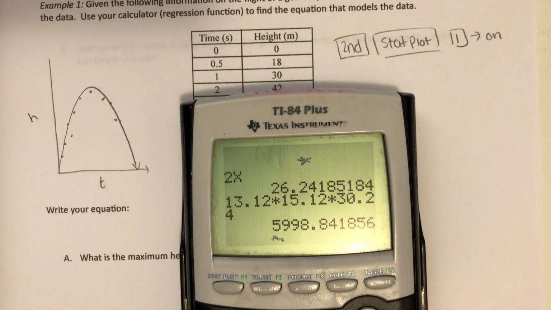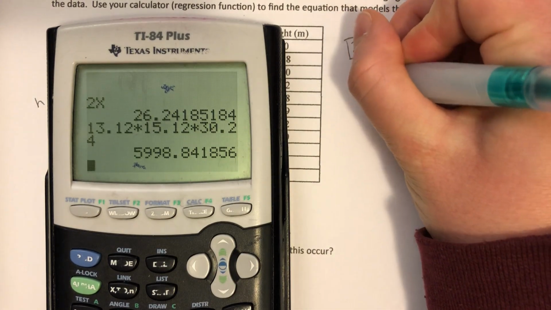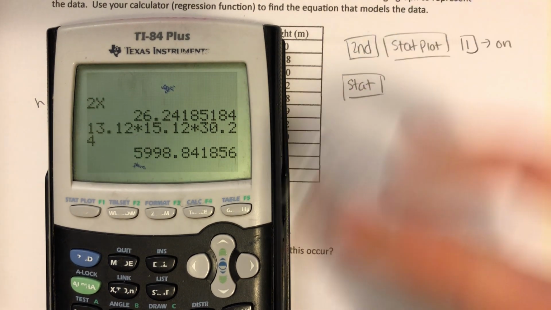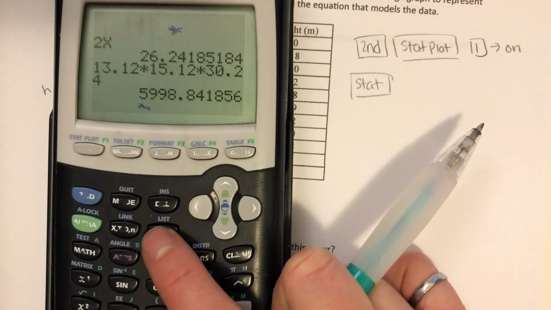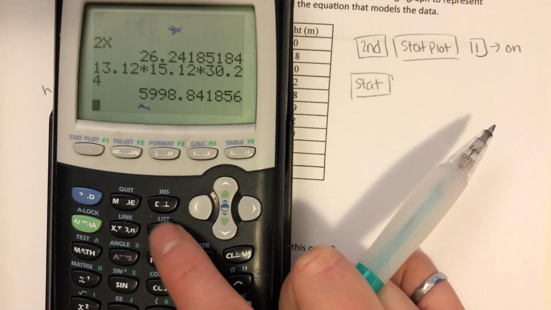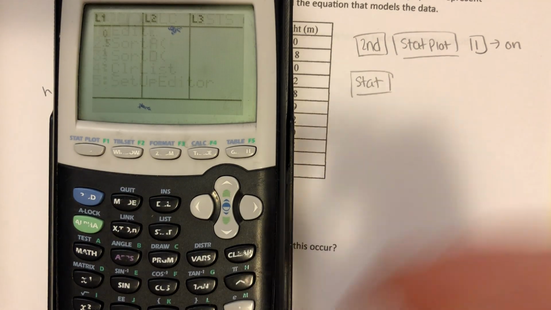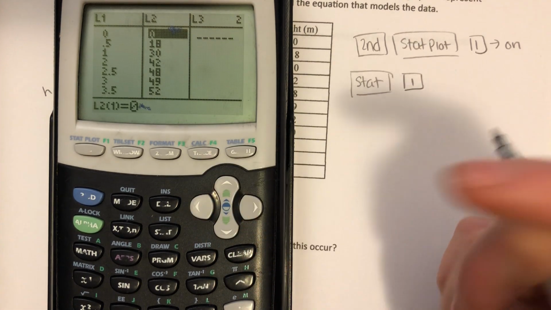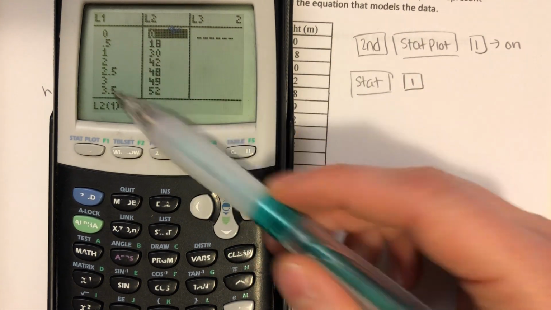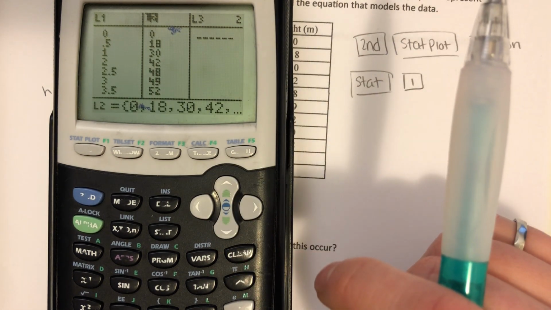We can get out of that. Then to put actual data in, we need to hit the stat button. Stat is right below delete, on the left there. So stat, and we're going to go edit, number 1 for edit, and then it gives us our list. This is where we have previous data. I've done this already because I wanted to see what it was going to work out to.